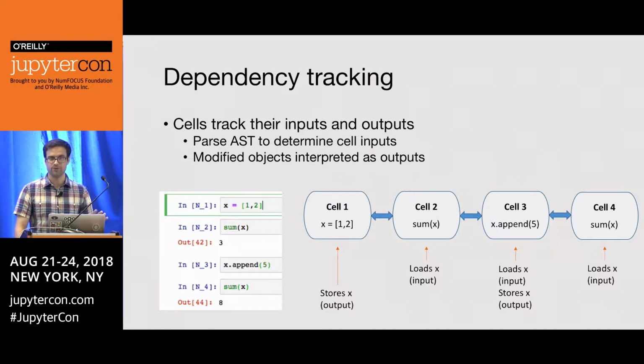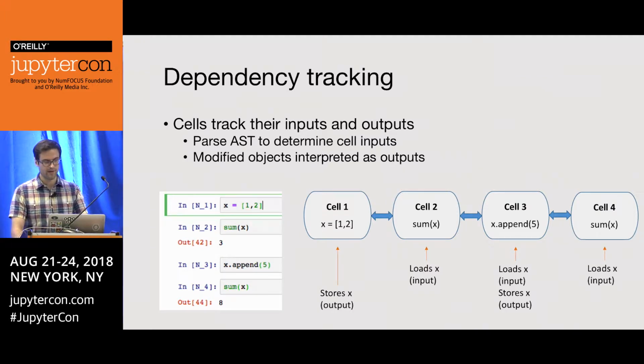I talked about four features, and I'm going to walk through where those all come from. The first thing I mentioned was this dependency tracking property. Each cell is tracking its inputs and its outputs. The way that happens in Nodebook is that I parse the AST to determine what the cell inputs are. Any time I read from the AST that the cell is loading some value, I track that as an input.